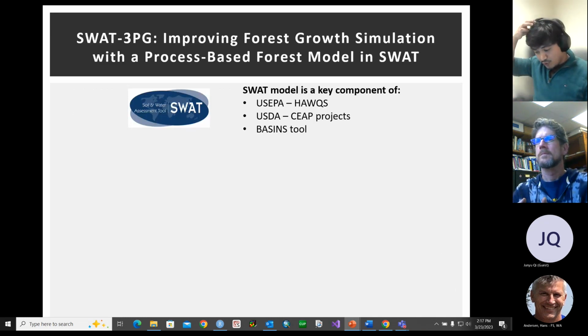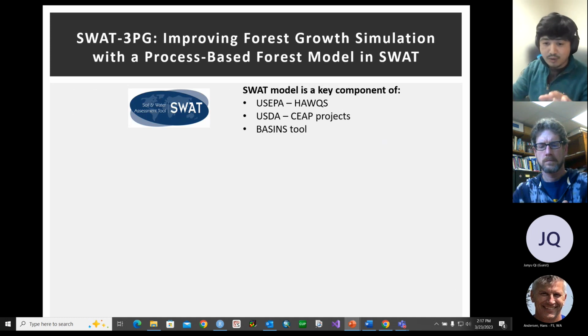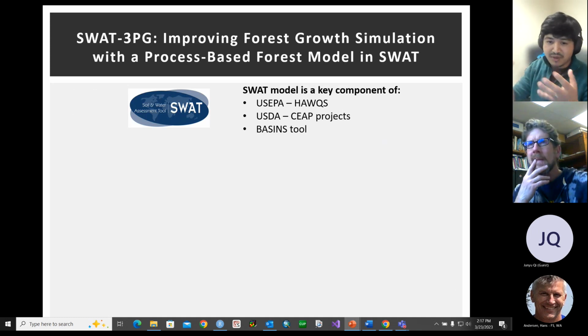Now, SWAT has been widely used in many projects. It's a major component of the US EPA HAWQS project. It's used in the USDA CEAP project. It's used in the BASINS tool.